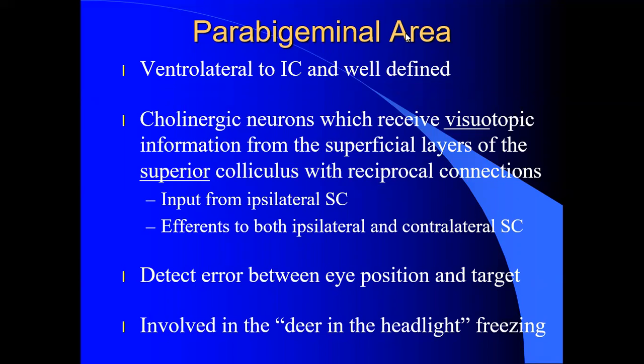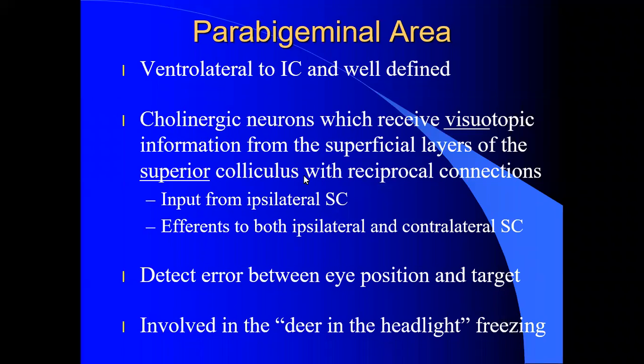Well, we looked at that parabigeminal nucleus. What is it doing out there? So it's ventrolateral, way out on the side, ventrolateral to the inferior colliculus. It's a well-defined nucleus, we saw. These are cholinergic neurons. What are they doing? They receive visuotopic information from the superficial layers of the superior colliculus.